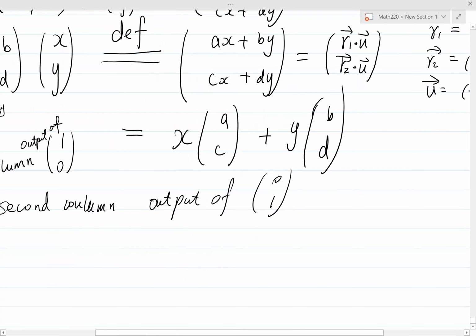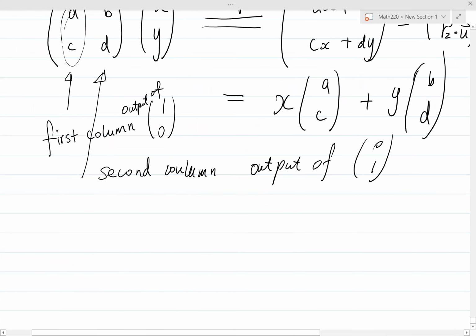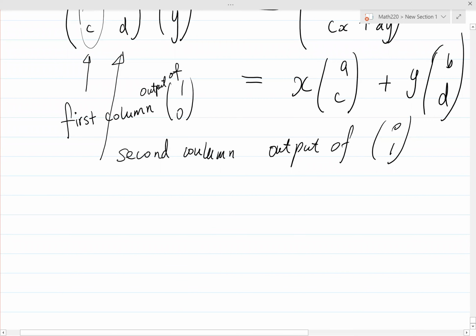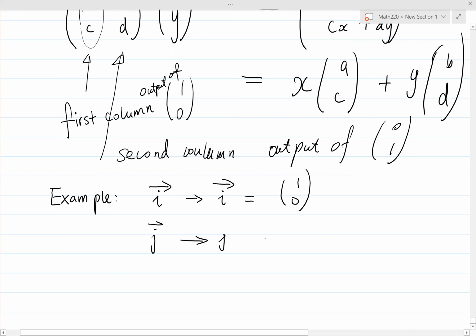Let's see some examples. If we input I, output is also I. If we input J, output is also J, then nothing is changed.